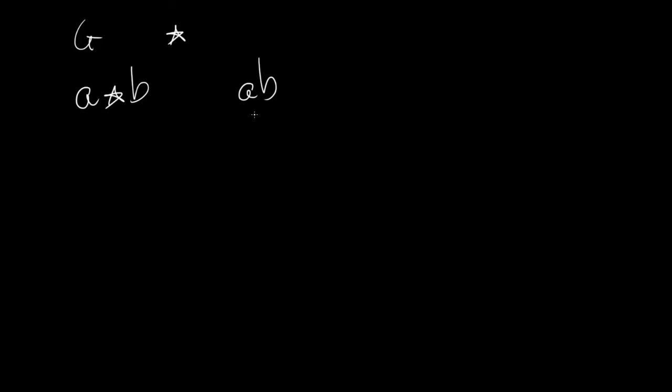And also sometimes, I don't know why, and it makes it very confusing, we talk about this operation as multiplication when it's actually not necessarily multiplication. So please, when you see AB, do not assume, since we come from multiplying numbers, that A and B are numbers and they're multiplied together.